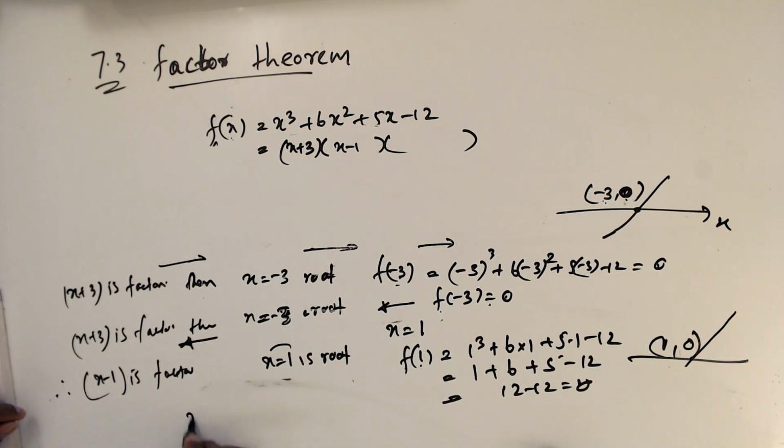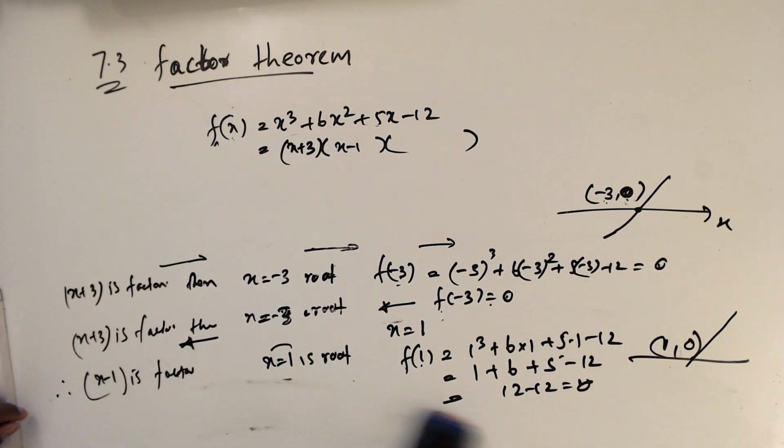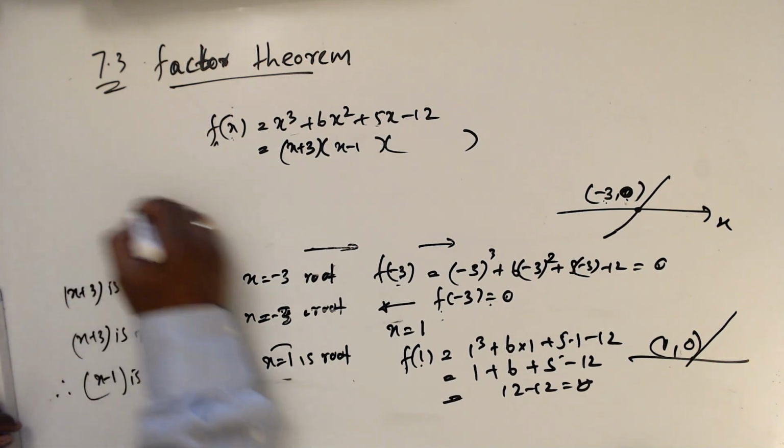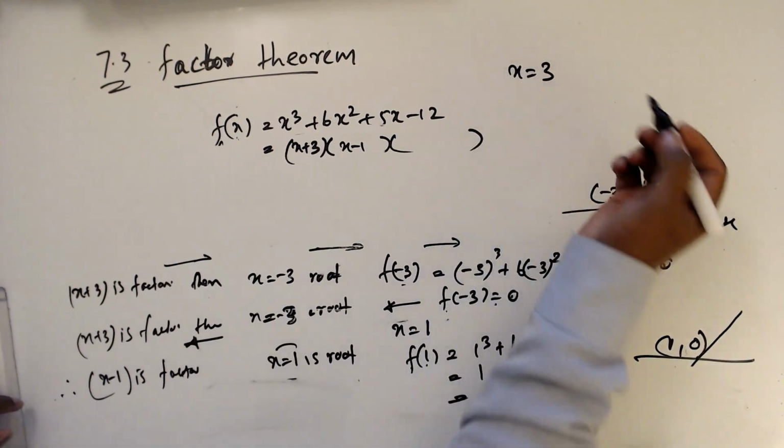You are guessing a number x equal 3. It works. It makes f(3) equals 0. You put x equal 2, now f(2) not equal to 0. Doesn't work. I'll write here. You put x equal 3, right?